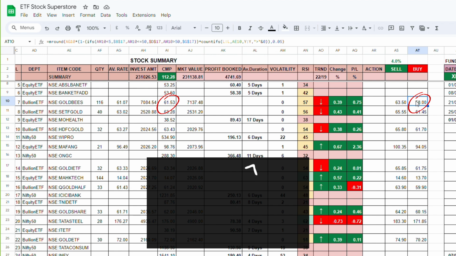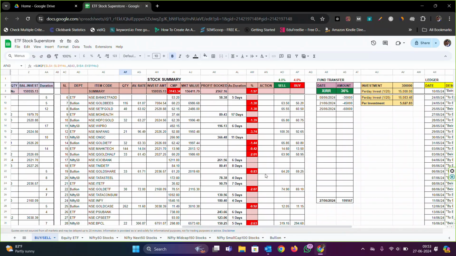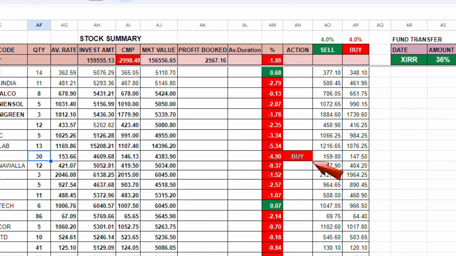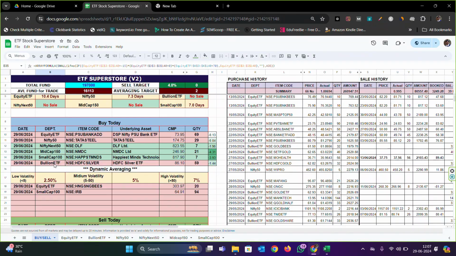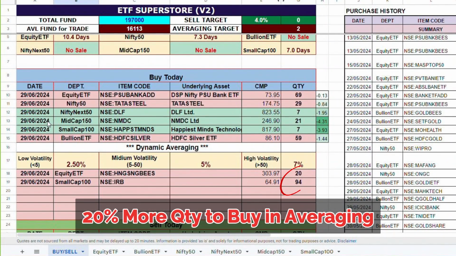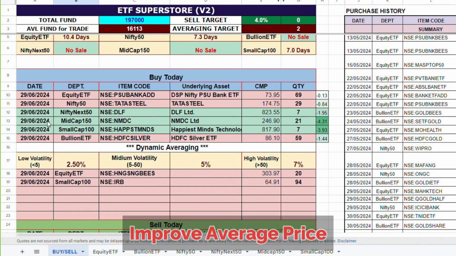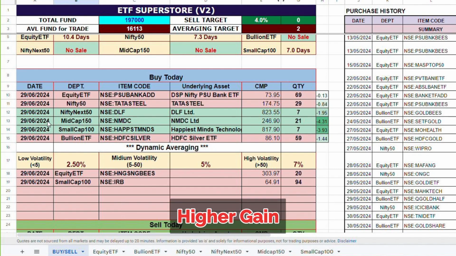When the stock price starts to increase, it triggers a buy signal, allowing you to average at the dip effectively. The action column will display a buy signal indicating the recommended quantity to purchase. The system recommends buying 20% more than the per stock investment amount to take full advantage of lower prices. This approach helps us improve our average purchase price and set up for higher potential gains when the stock price rebounds.